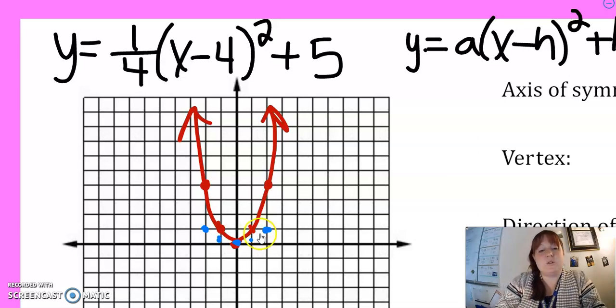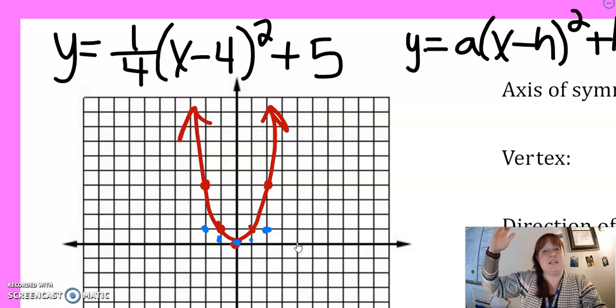Okay, and then let's look at some more. So what would normally happen if I input 3? Normally I would get out 9, right? Because 3 squared is 9. So now I'm going to get 9 times 1/4, which is 9/4. And that's kind of complicated to graph, so let's go to the next one and see if it's easier to graph. If I input 4, I'd get out 16, because 4 squared is 16. But now I'm going to take all my y values and divide them by 4, or multiply by 1/4.